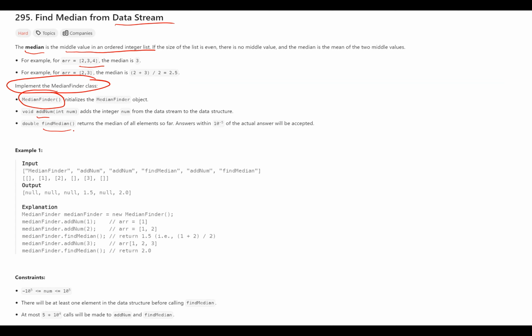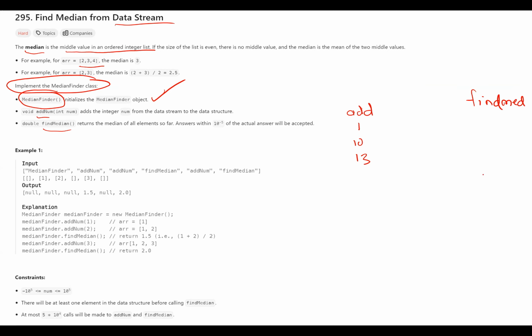For example, say I have first initialized the median finder object, and then using add number, I add 1, then 10, then 13. And then in the fourth step, I have this find median call.